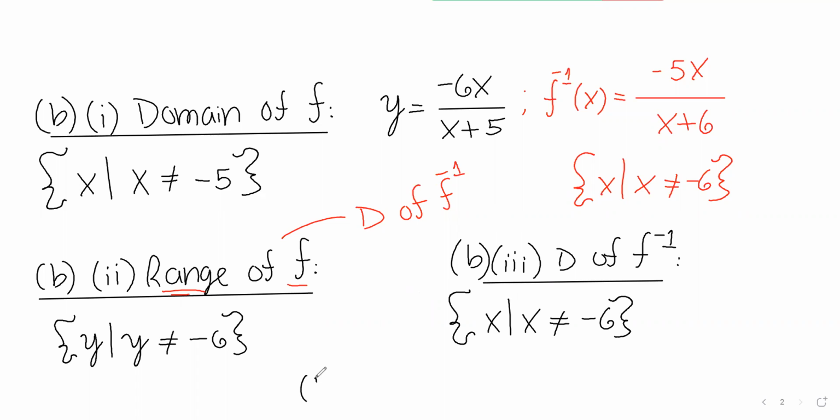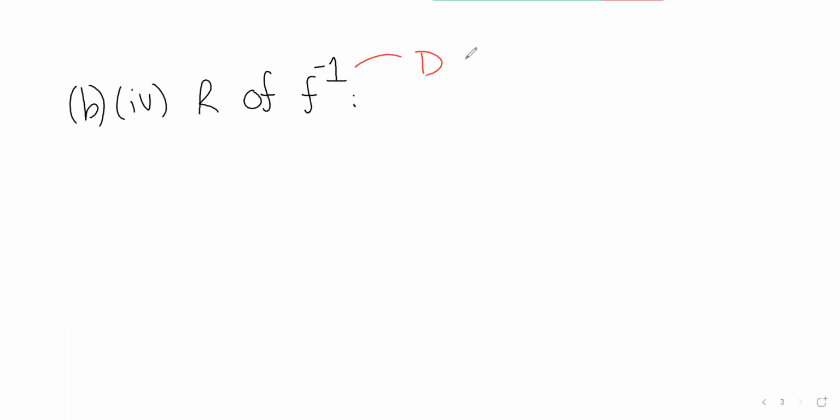Perfect. Part B, part 4. The last possibility is, what's the range of the inverse? Actually, let me just do this on a separate page. Again, we're asking range of inverse. Take the opposite. I'm interested in domain of inverse.